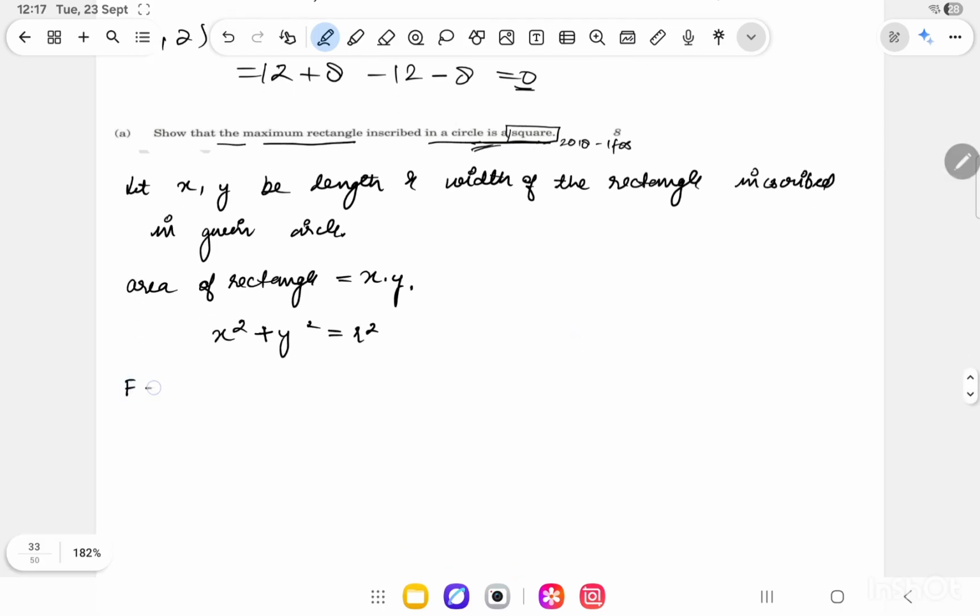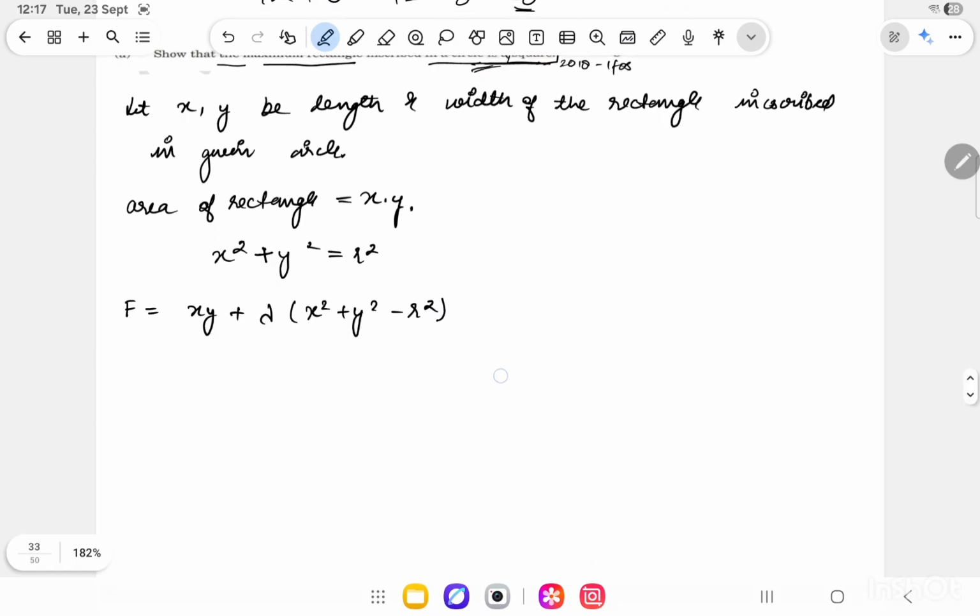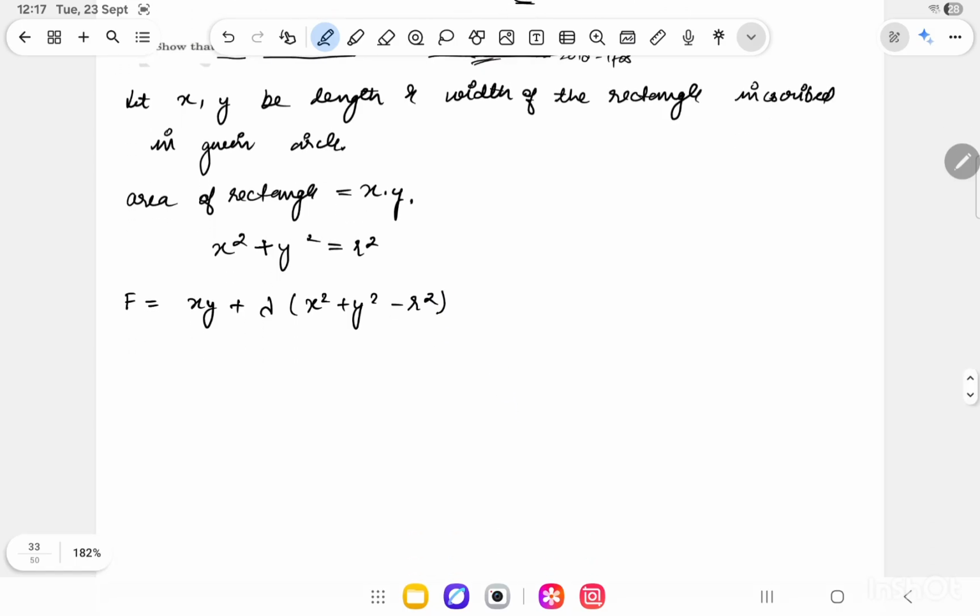So if we write the capital function F(x, y) as xy plus lambda into (x square plus y square minus r square), and take its total derivative, that will be (y plus 2 lambda x) into dx plus (x plus 2 lambda y) into dy.